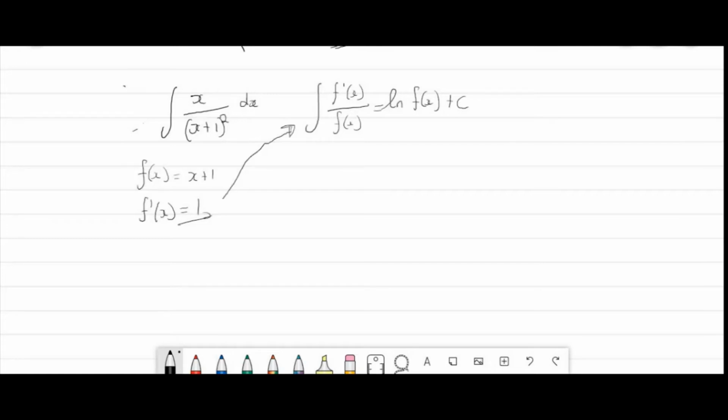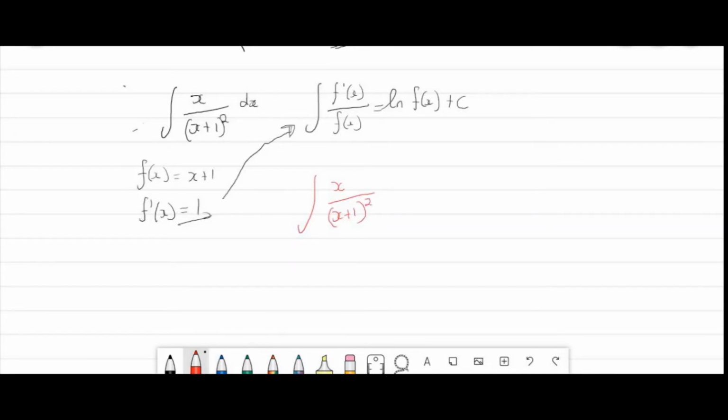But now, how can you fix it? We can fix it by using U-substitution. I'm going to write with a different pen. Let me rewrite it again. Let's say I'm having the integral of x over x plus 1, all squared.